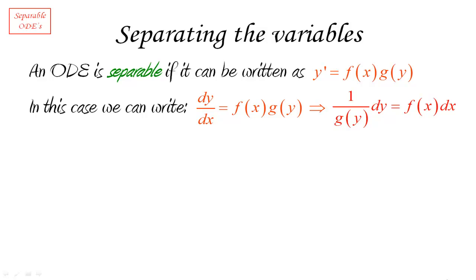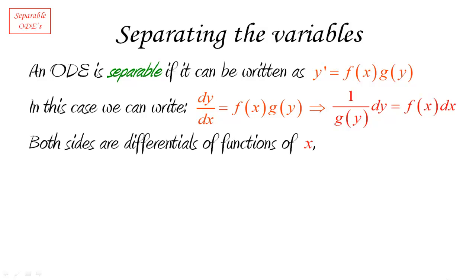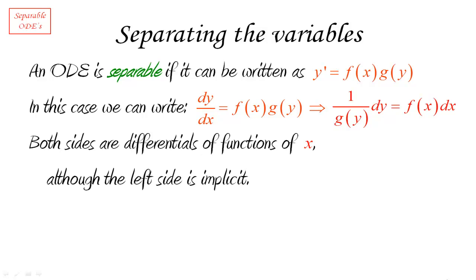You can think of this as playing with the fraction on the left-hand side the same way that we've played before, or you can think of it as telling us something about two differentials. Both sides are differentials of functions of x. Remember, y is a function of x, so I can think of the left-hand side as a differential of a function of x, implicitly.